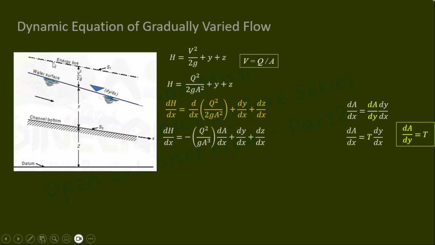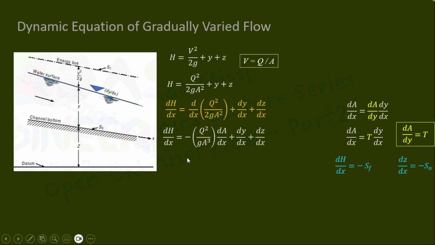Here you can see that the energy line is sloping downward, or energy is decreased in the direction of the flow. So dH/dx can be written as −SF, and dz/dx can be written as −S0, because the bed slope is also decreasing in the direction of the flow.